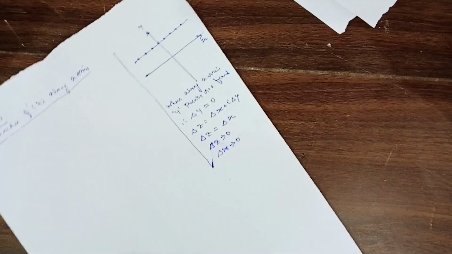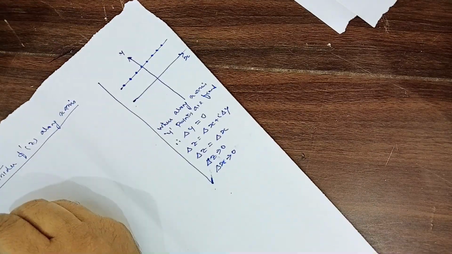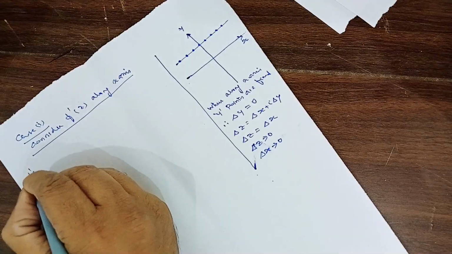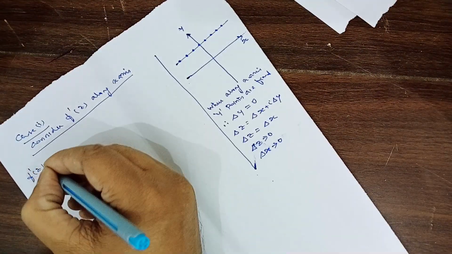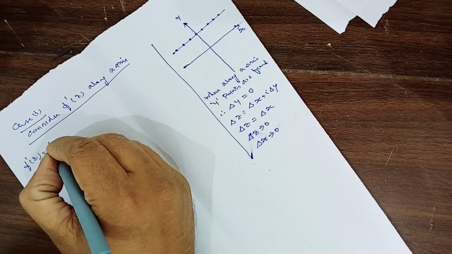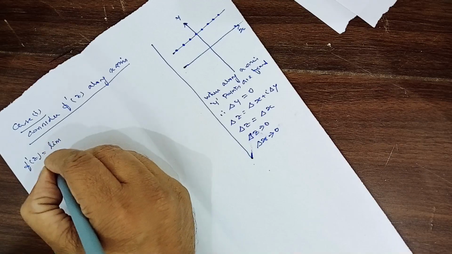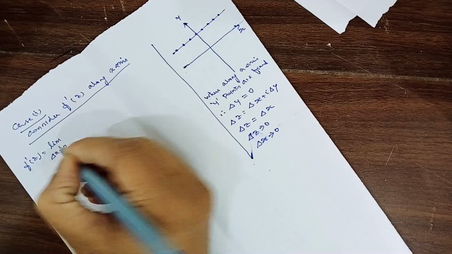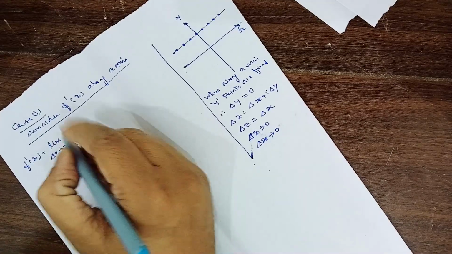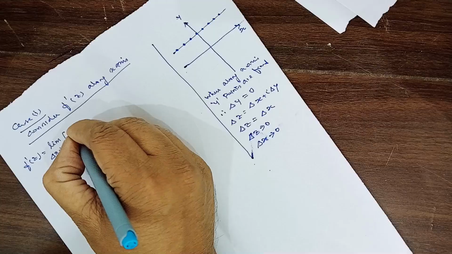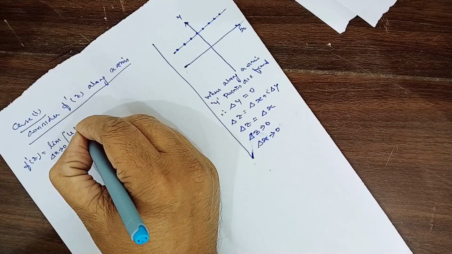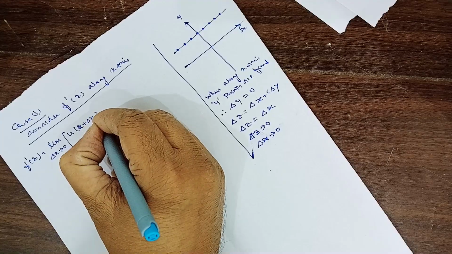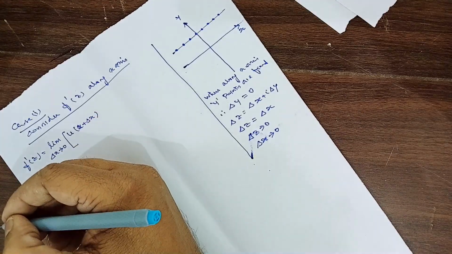So when you apply the condition, what happens? f dash of z is equal to limit, instead of delta z you make it delta x tending to 0, then u of x plus delta x, we know the other equation, what is the value?